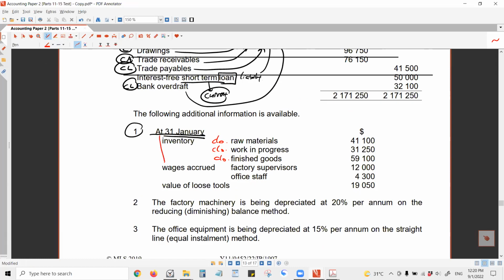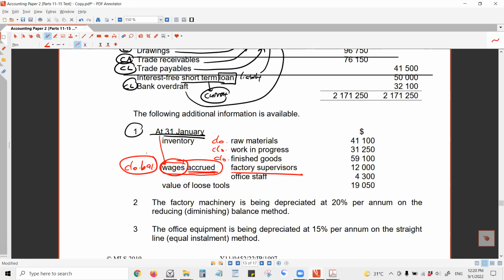And at the year end, you owe some wages to the factory supervisor, accrued. See, this is chapter 6, accrued and prepayment. Okay, so that's how they are all overlapping one another. This is a closing balance. Wages is an expense, and at the year end, that means this is a closing balance.